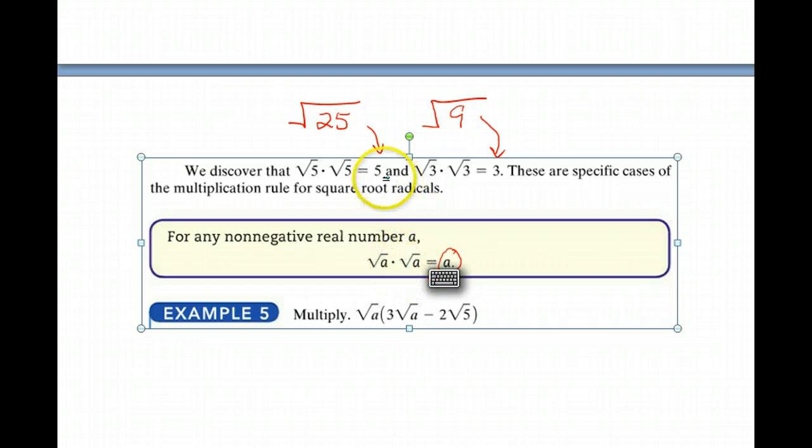Always. If you think logically about what's happening when you are doing that multiplication, you are always creating a perfect square underneath that radical. Therefore, you will always be able to evaluate that perfect square and simply get back to the number that is underneath the radical, which is your radicand.